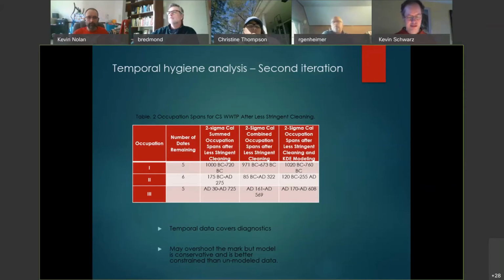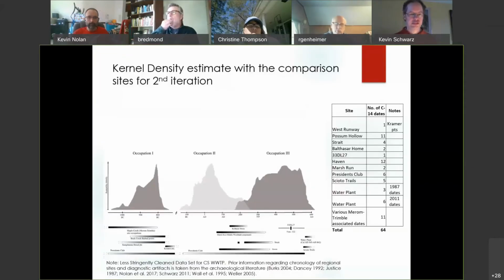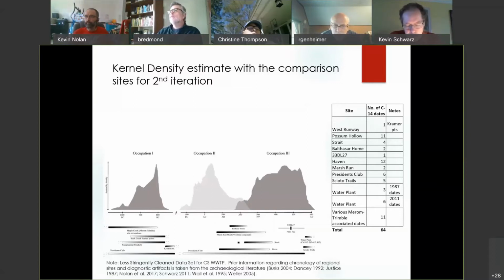So next slide. This is the second iteration of what my kernel density estimates look like. They're a little less spiky. You can see all the sites I've included in the table and down below with their temporal spans. I've got West Runway and Possum Hollow for occupation 1. I've got Straight site, Balthasar Home, Straight site occupation 3, Balthasar Home, Haven site, DL27 that ASC mitigated.